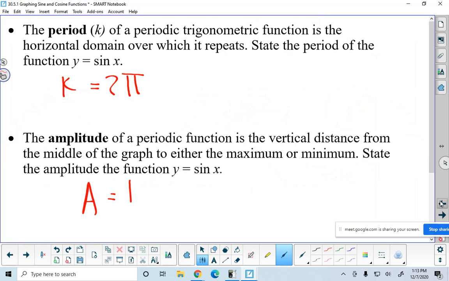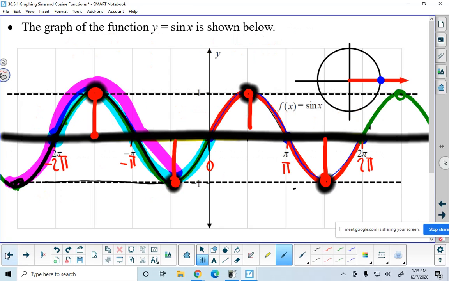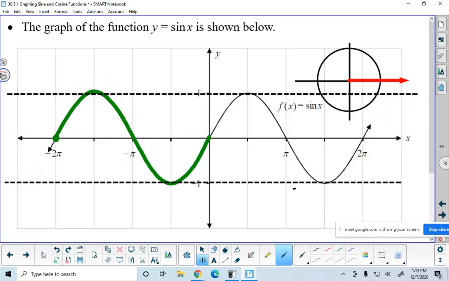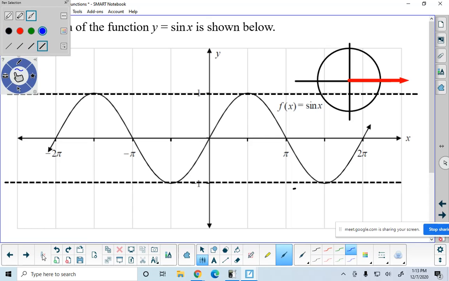Usually when we draw these graphs, so I've gotten rid of everything here, usually when we draw them, we start when x is 0. So with sine, I start here and I go up, down, down, up. This is called the start point.